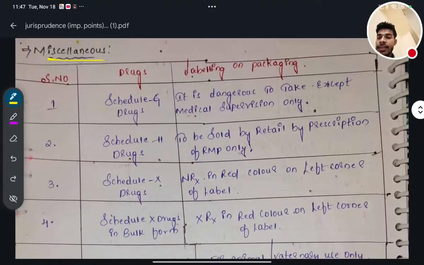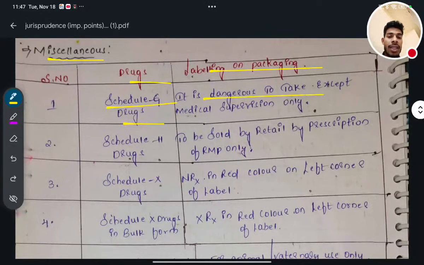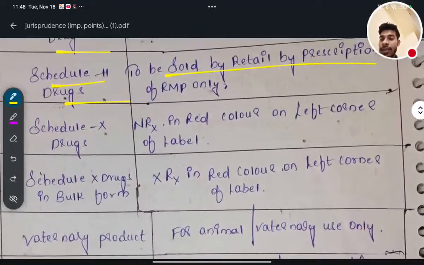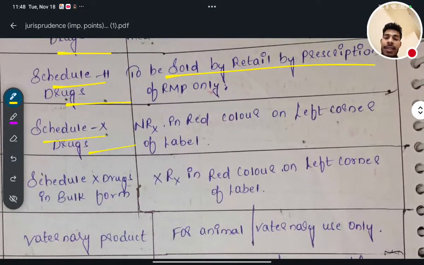So miscellaneous drugs and labeling on packing. Schedule G drugs: it is dangerous to take except under medical supervision only. Schedule H drugs are to be sold by retail on prescription of an RMP only, registered medical practitioner. Schedule X drugs are the narcotic drugs. Narcotics is denoted by NRX.